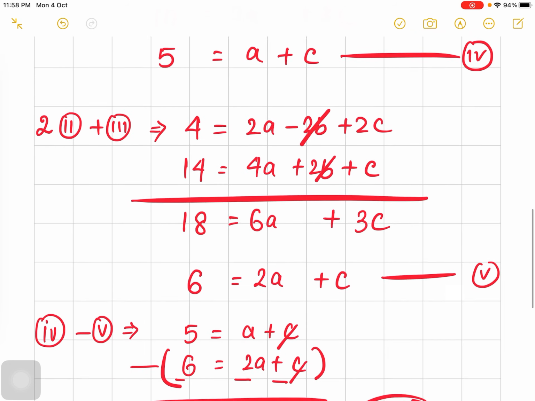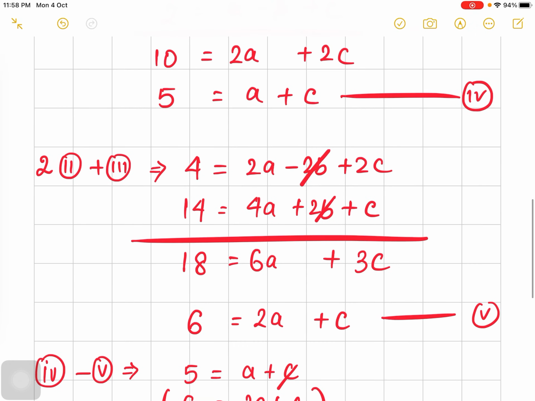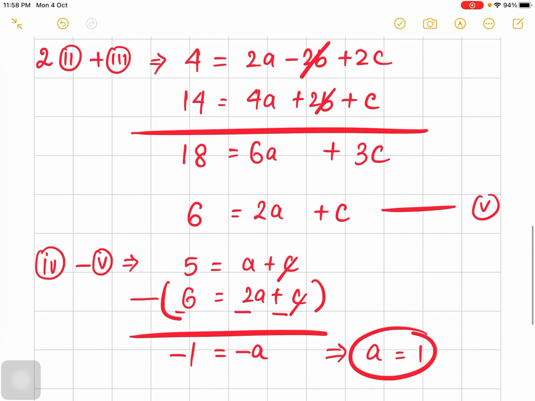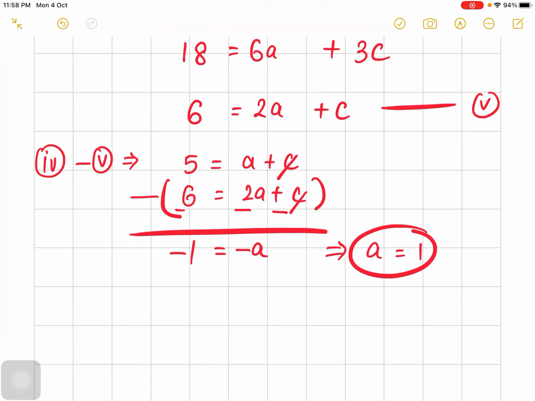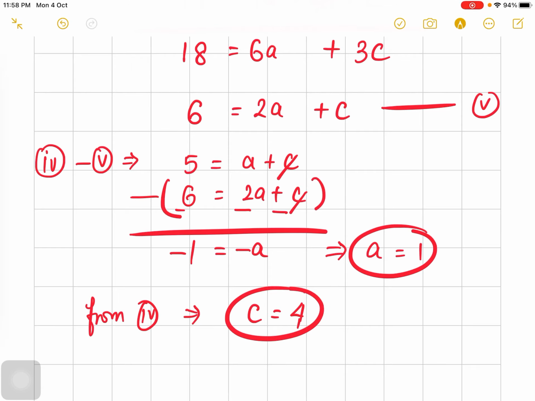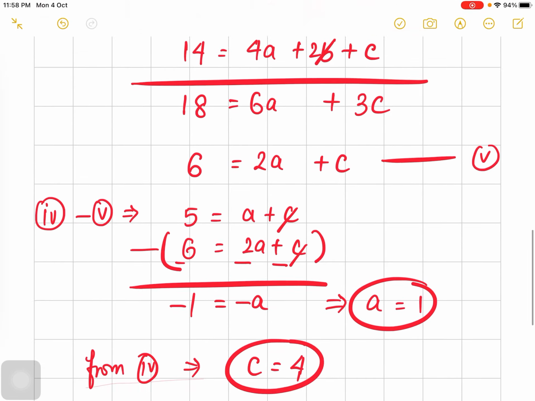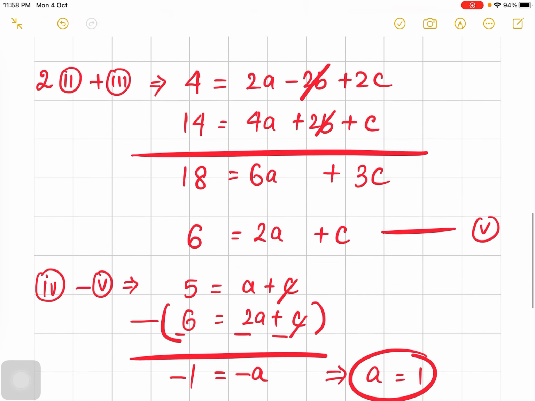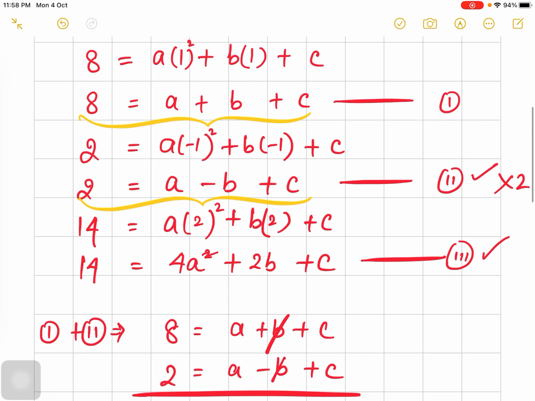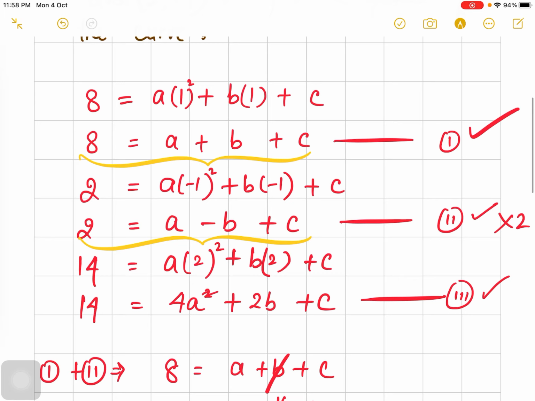You can put this a equal to 1 in the fourth one. You can see 1 plus c is 5, so c has to be 4 only. From the fourth we have figured out that c is equal to 4. Okay, we have got the values of two variables, a equal to 1, c equal to 4. Put them in the first.